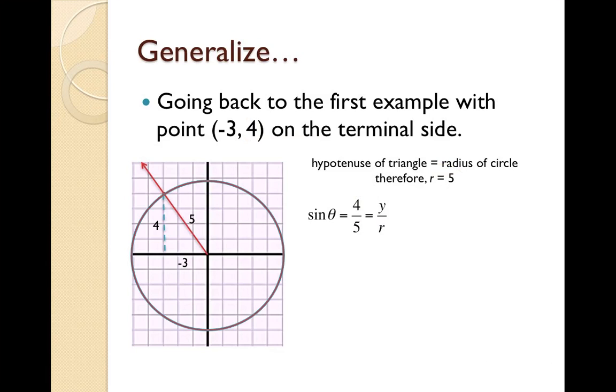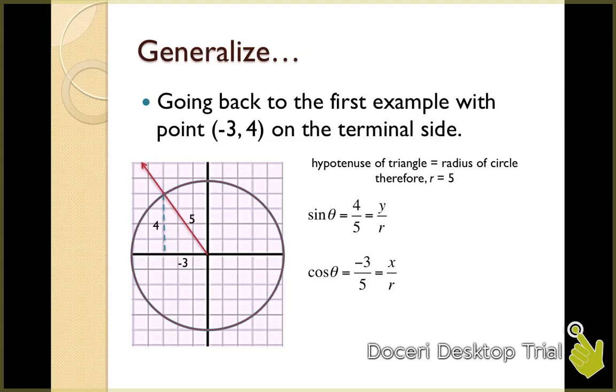Similarly, with cosine, we took negative 3 over 5. So the negative 3 came from our x coordinate. Again, the 5 came from our r value. And so in general terms, we would say cosine is going to be x over r.